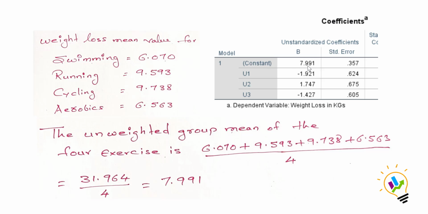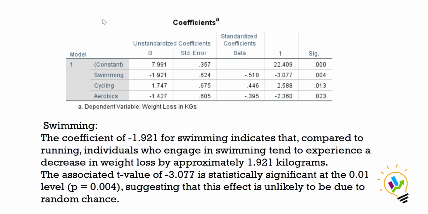You can see 7.991. Now we will see again for swimming. We are going to interpret the unstandardized coefficient for swimming. What is the value? -1.921. The coefficient of -1.921 for swimming indicates that compared to running, individuals who engage in swimming tend to experience a decrease in weight loss by approximately 1.921 kilograms.